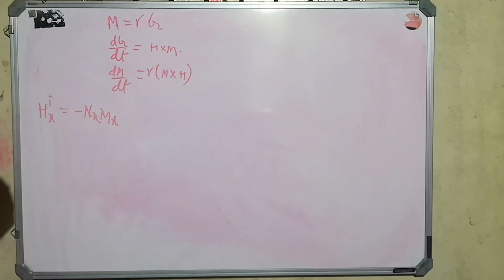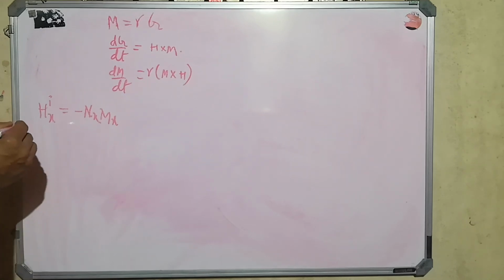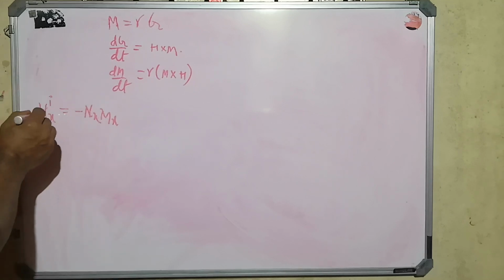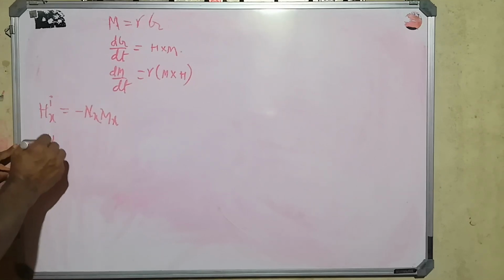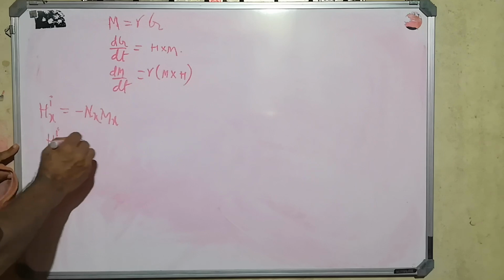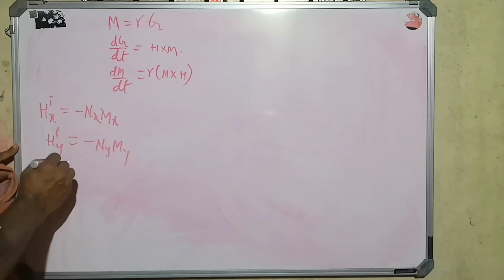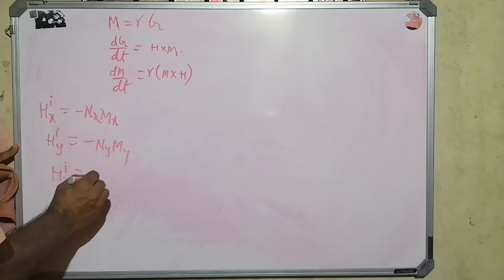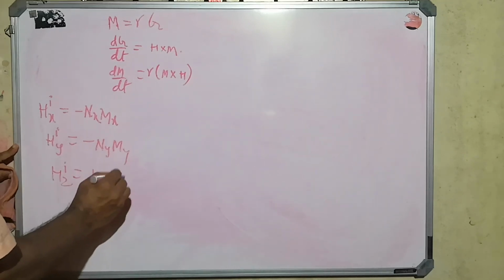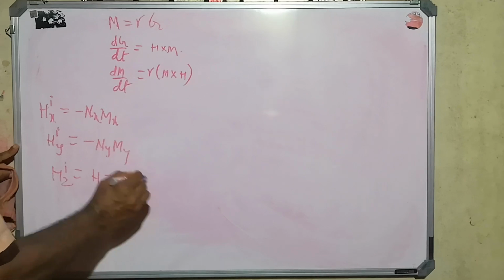This is the expression we are writing for a cubic ferromagnetic material. Then Hyi is equal to minus Ny into My, and Hzi is equal to H naught minus Nz Mz.